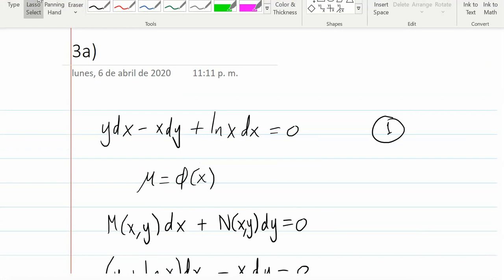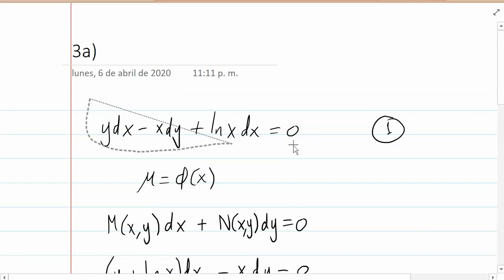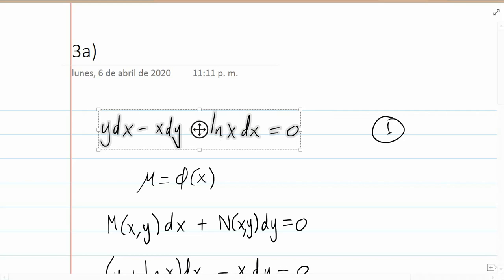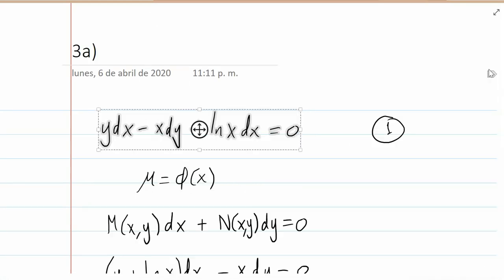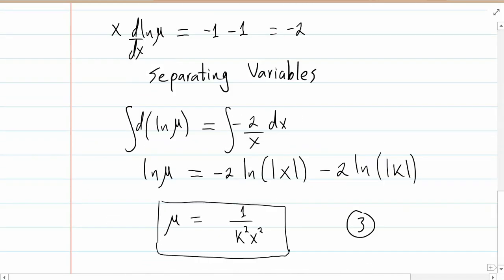Let us copy that equation, and I multiply it by 1 over k squared x squared.